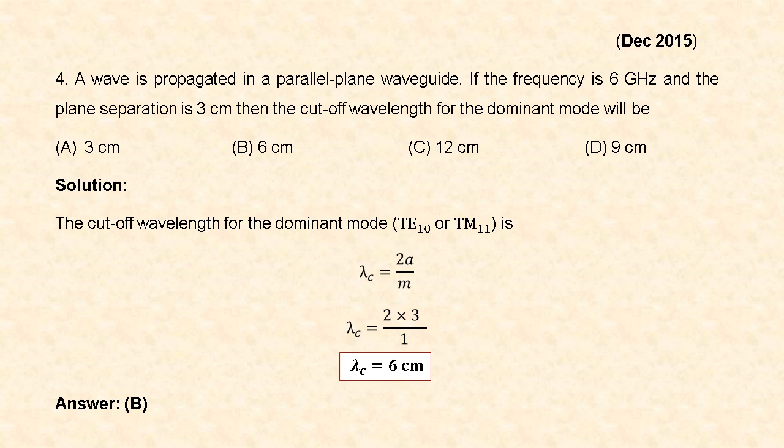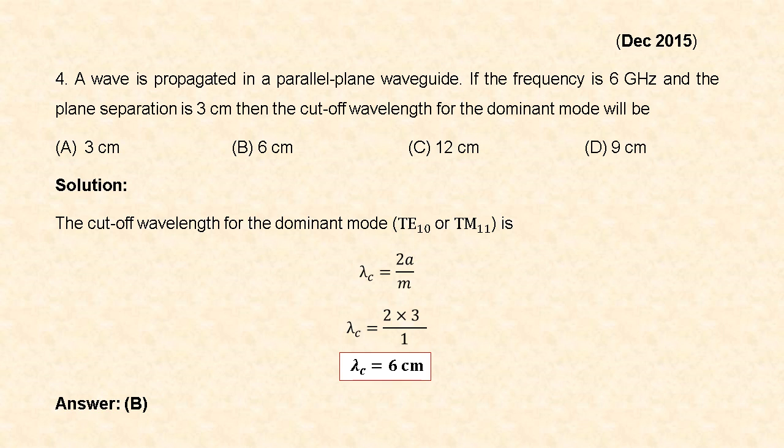Next question, this question was asked in December 2015. A wave is propagated in a parallel plane waveguide. If the frequency is 6 GHz and the plane separation is 3 cm, then the cutoff wavelength for the dominant mode will be: A 3 cm, B 6 cm, C 9 cm. We know the cutoff frequency Fc is equal to C by 2 square root of m square by a square plus n square by b square.